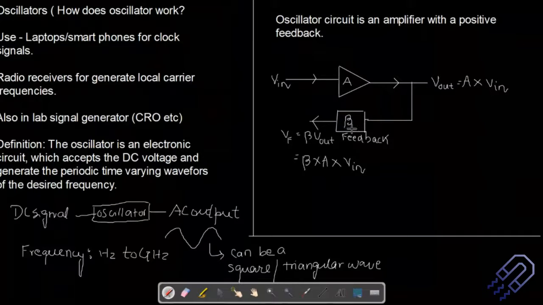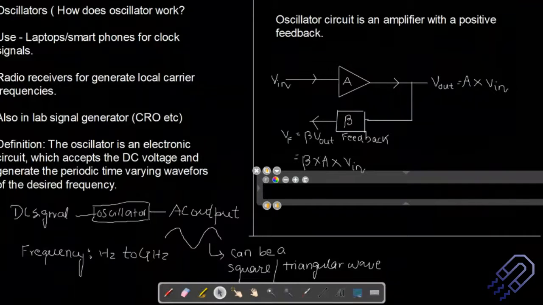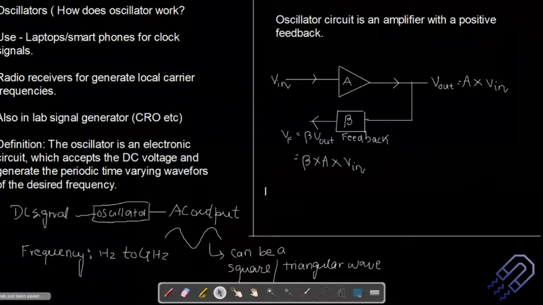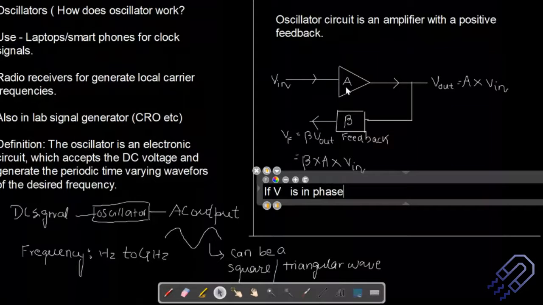So there are certain conditions based on which this feedback circuit will actually work. If I write down one point here, which is actually important: if V out is in phase, so if you're putting the input into the non-inverting terminal, considering this to be an op-amp, then Vin and V out will be in phase.